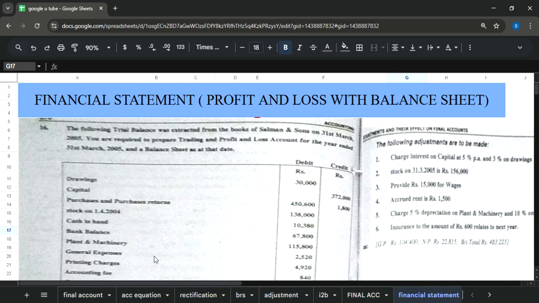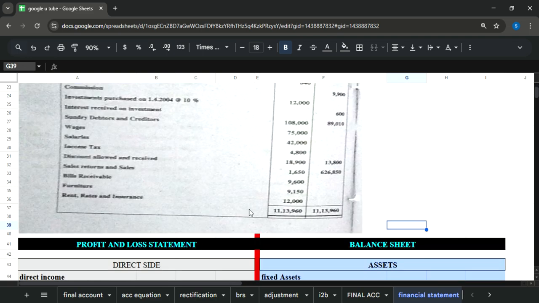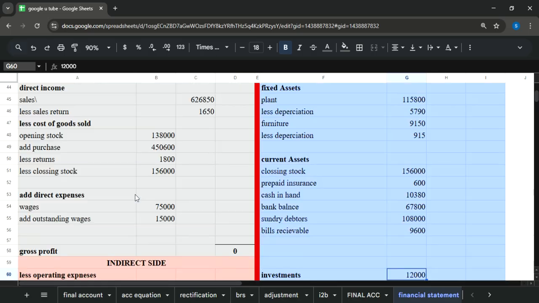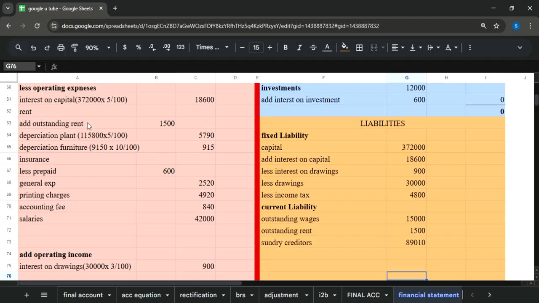While you can see that the adjustment for insurance and the adjustment for rent are both given separately, on the other hand its trial balance value is given once under the same heading, rent, rates and insurance, 12,000. So we will have to make a little more space over here as well.